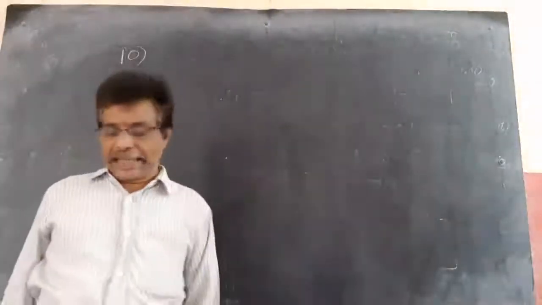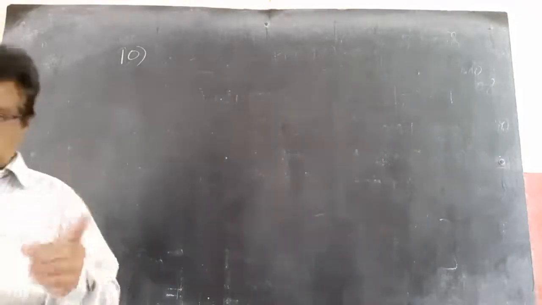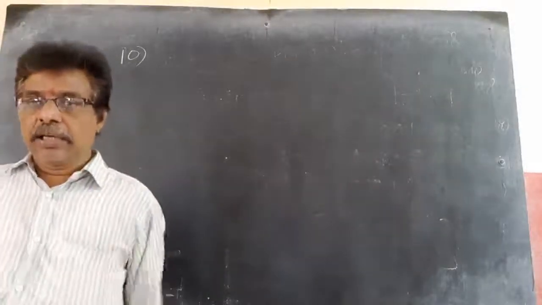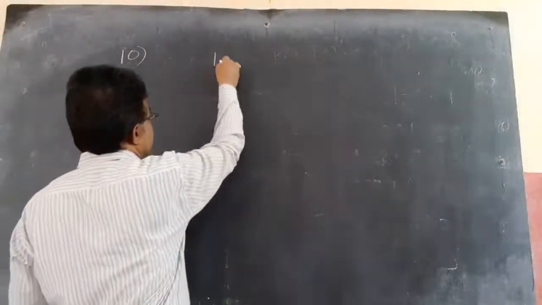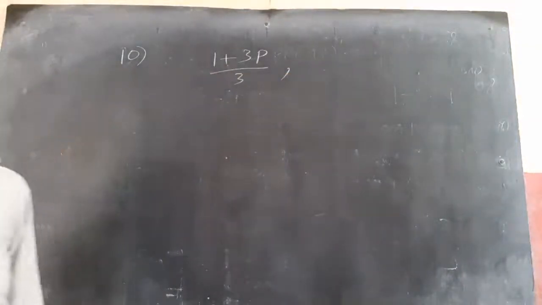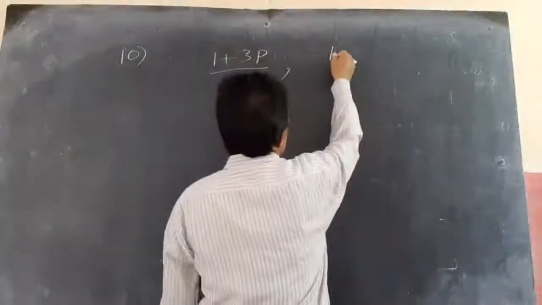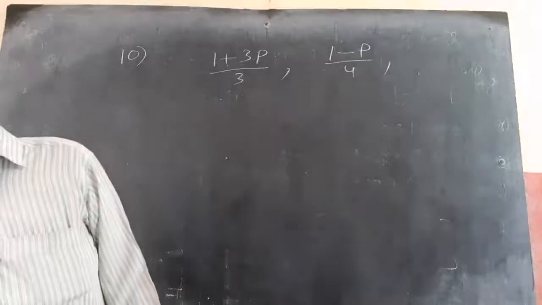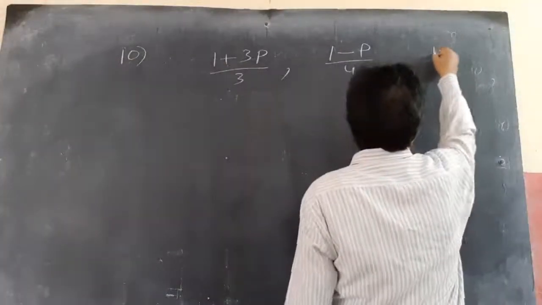Now coming to sum number 10. What is it? The probabilities of three mutually exclusive events are respectively given as (1 plus 3p)/3, (1 minus p)/4, and (1 minus 2p)/2.